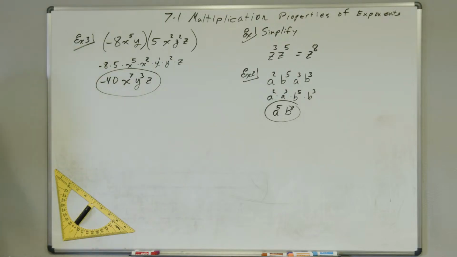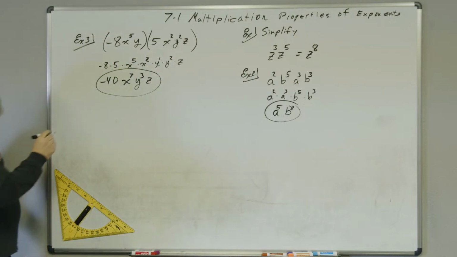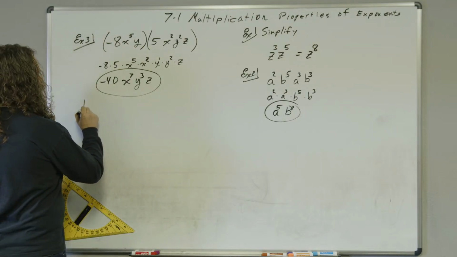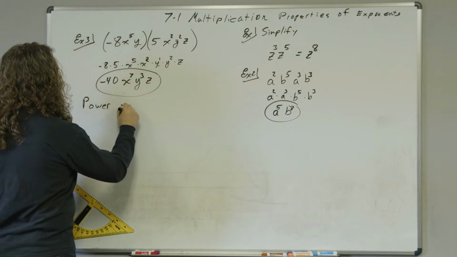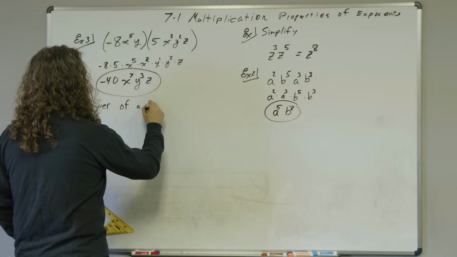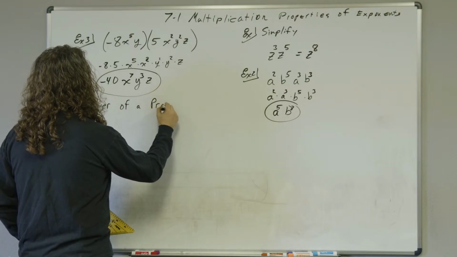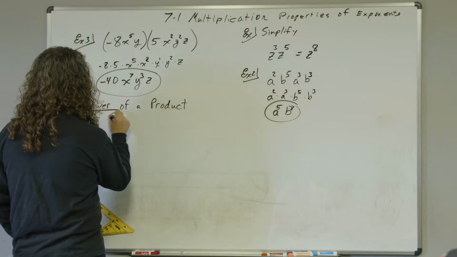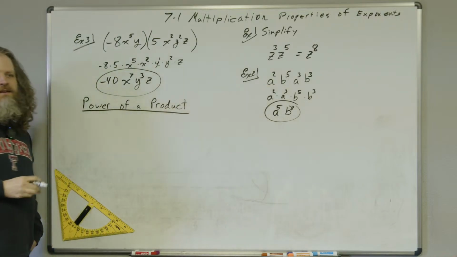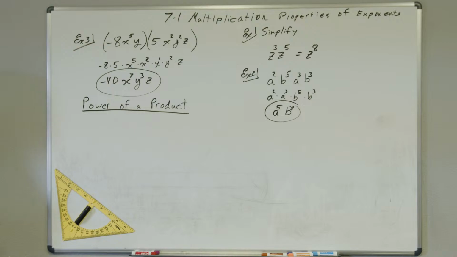All right. We have one more property. Power of a product. What does the word product mean? Multiplication. Okay.